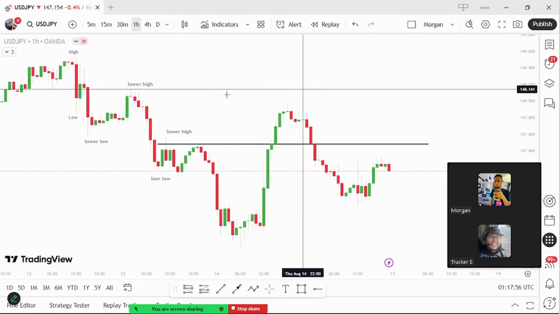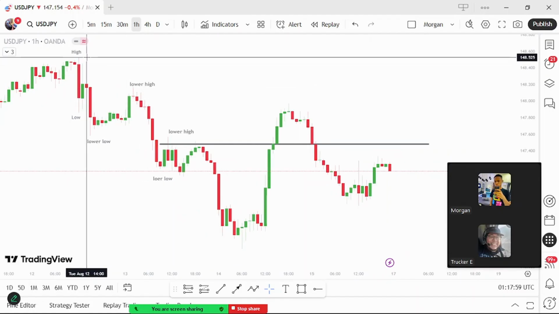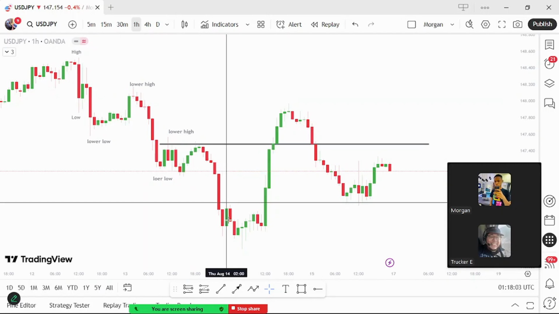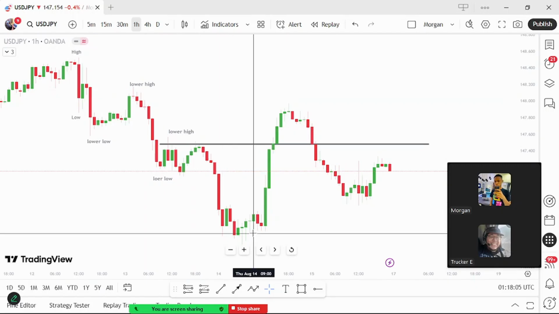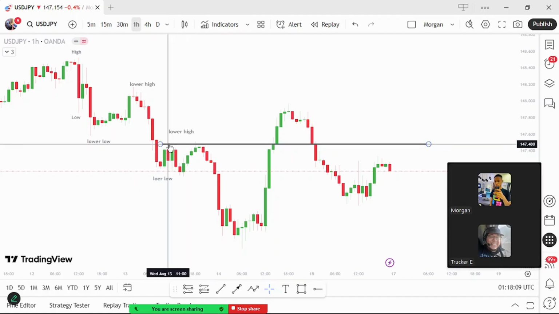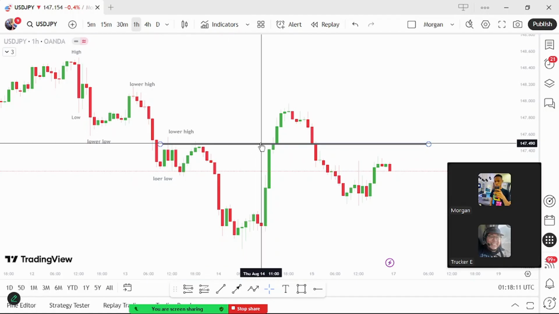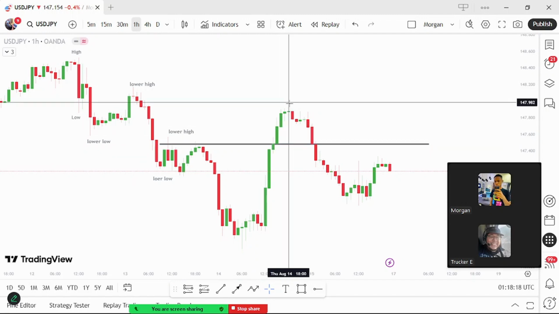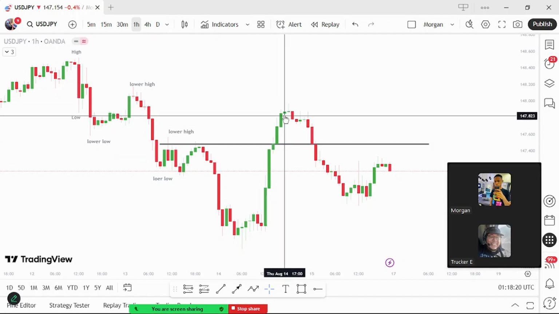So right now we have a high, low, lower low, lower high, lower low, lower high, lower low. What you expect to see is a lower high, and then price comes on and breaks this high right here. So this is what you want to call your indication, because this is price indicating to you that maybe buyers are starting to come into the market.